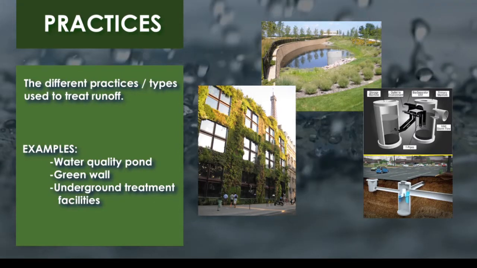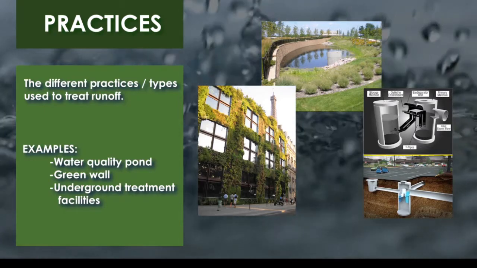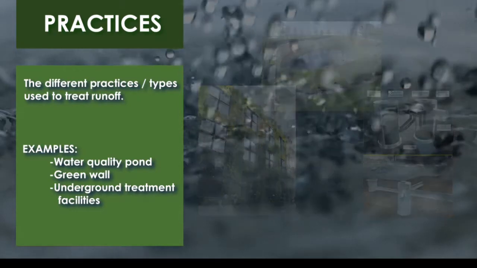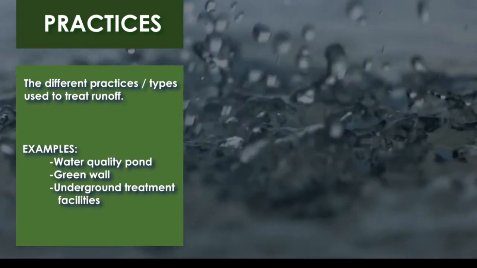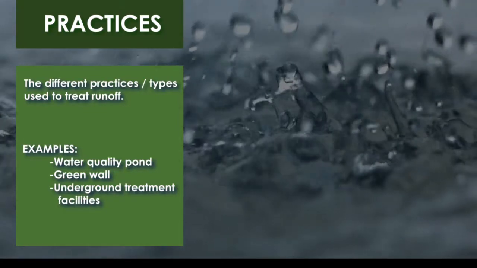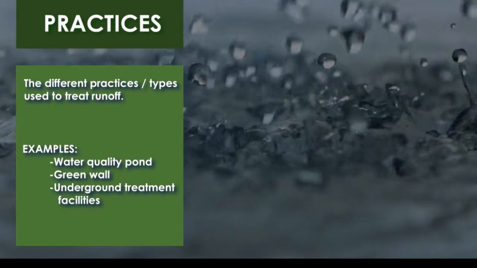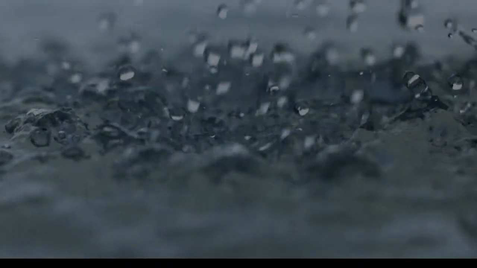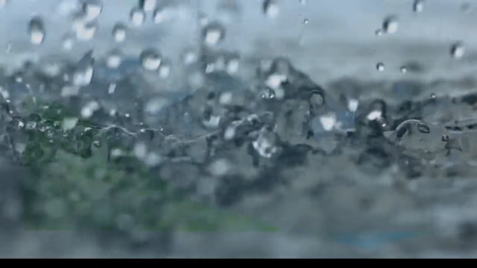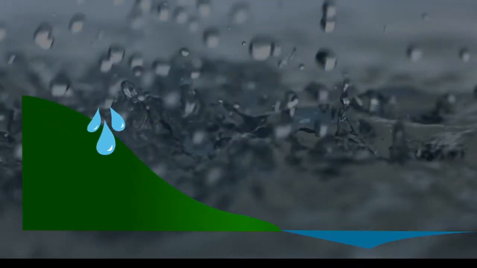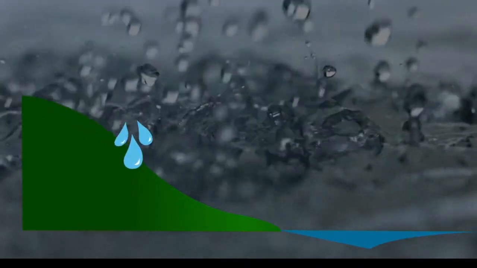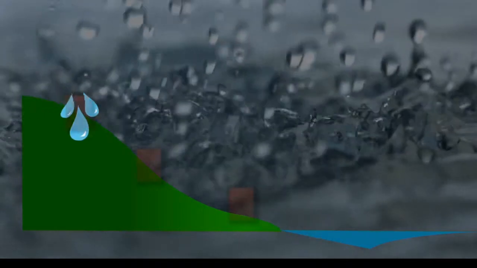So stormwater treatment practices are the different types of practices that we use, and stormwater treatment processes are the systems, processes, and mechanisms, or you can think of it as the internal engine that each practice uses to treat runoff. The diagram shown here is perhaps a better way of showing the differences between stormwater practices versus stormwater treatment processes.